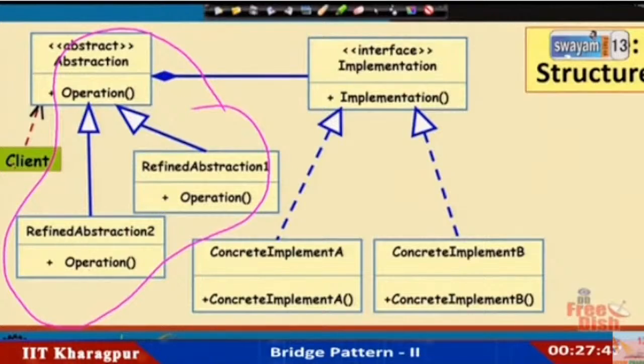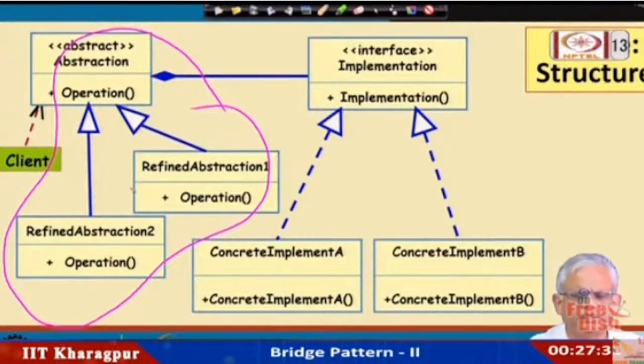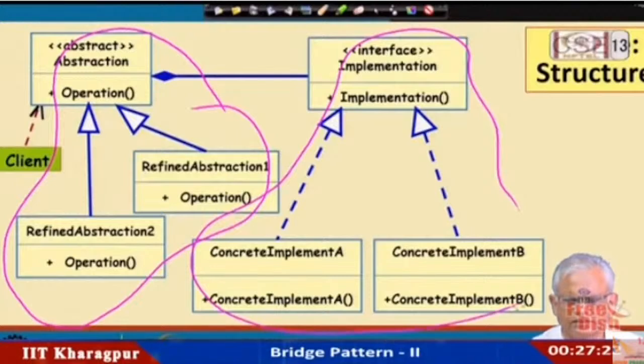The client invokes services on the abstraction, and the operations may be fulfilled by the concrete abstraction class itself, and if necessary, it will delegate to the concrete implementation class, and this is the implementation hierarchy, and this is the general structure of the bridge pattern.